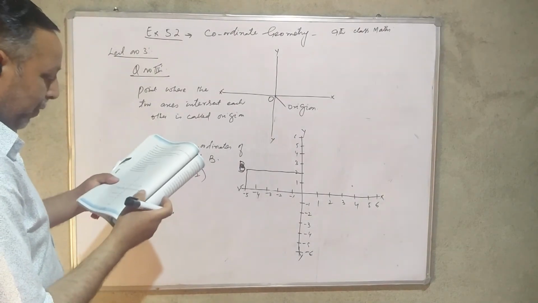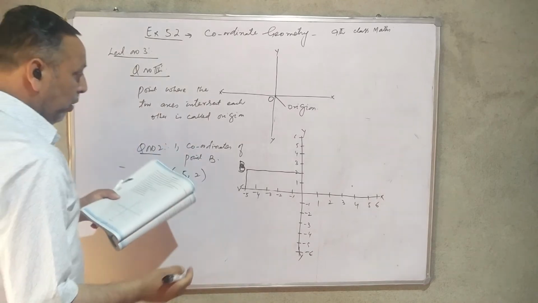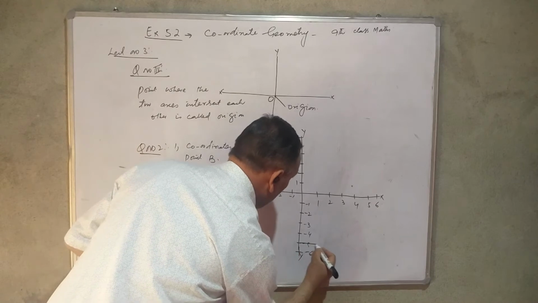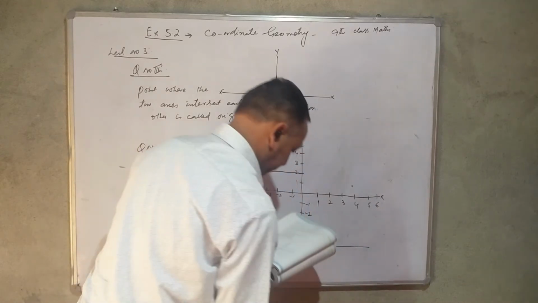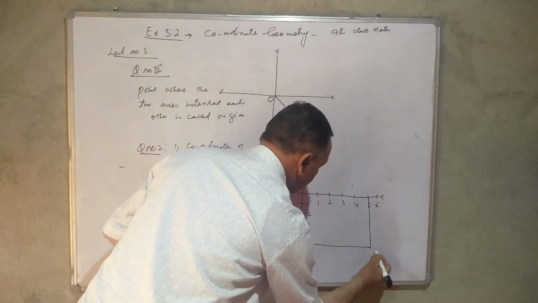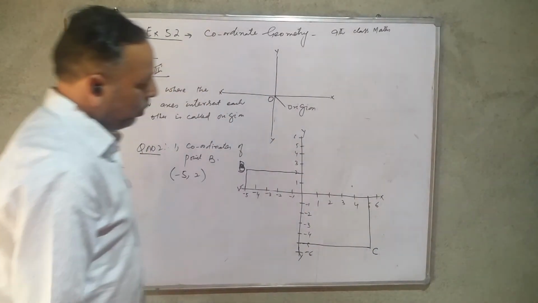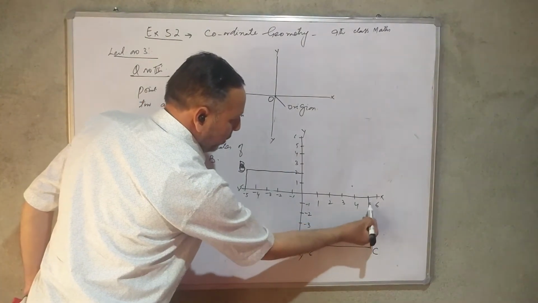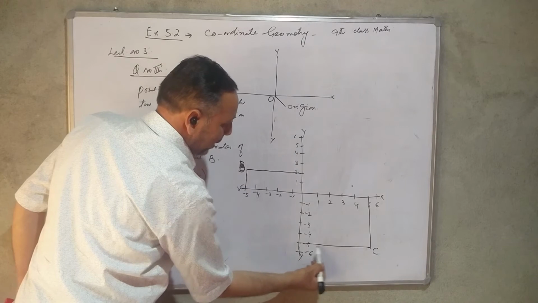Coordinates of point C. Where is point C? It is here. What are the coordinates of point C? The x value is 5 and the y value is -5.